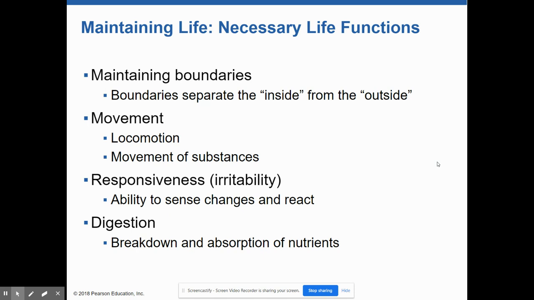For movement, they need to be able to have locomotion. So that's, for example, a form of locomotion is walking, and there needs to be a movement of substances within the body. There needs to be responsiveness or irritability. So the organism needs to be able to sense changes and react.